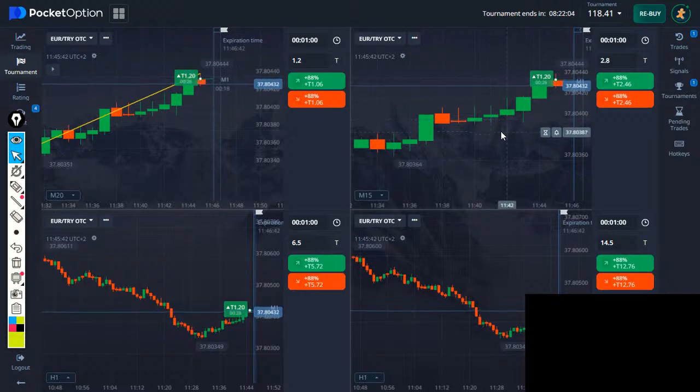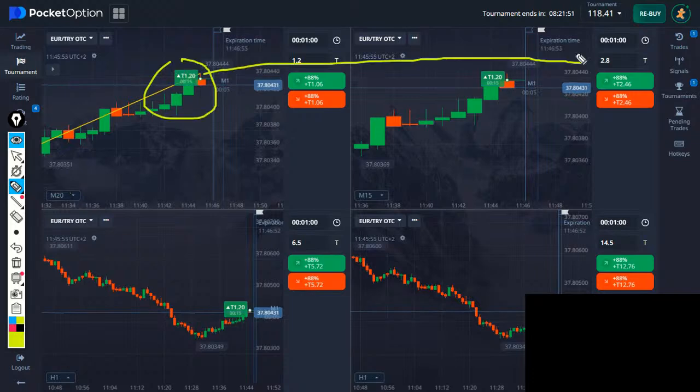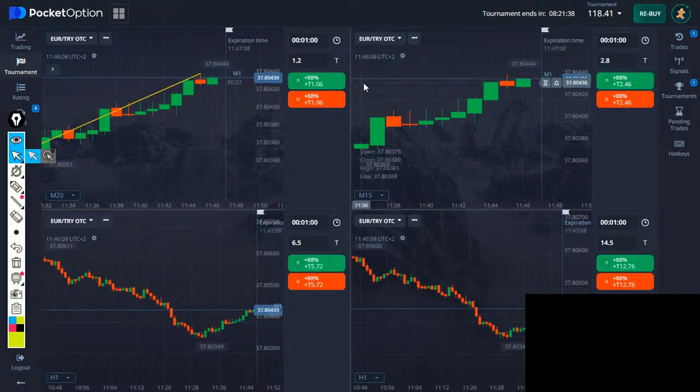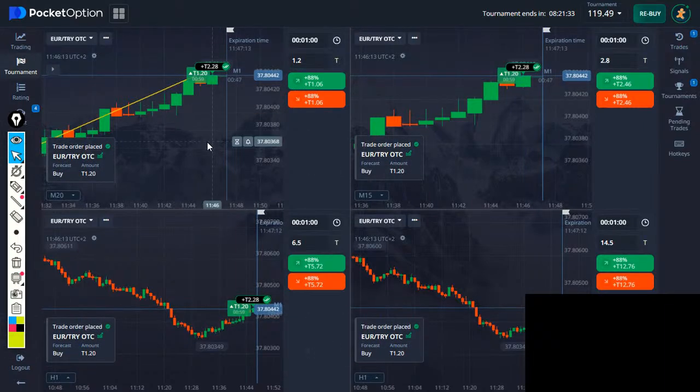I think this is gonna be a loss. Let's see. So if we lose over here, we'll take the trade on the second chart, an extra amount. Oop, it's gonna win. Okay, let's continue. Let's see where this will go.